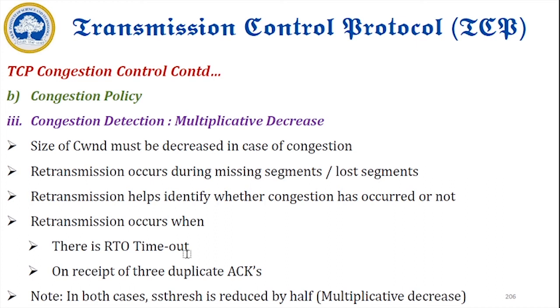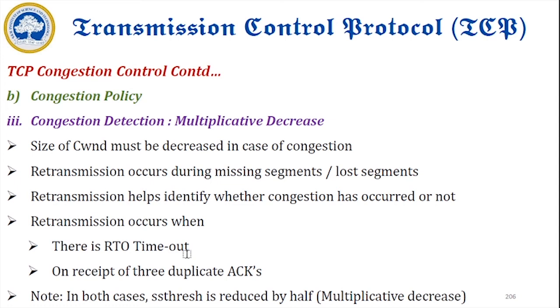As we have seen earlier, the retransmission occurs either when a retransmission timer is out, or when three duplicate acknowledgements are received. So only in these two cases can retransmission occur.